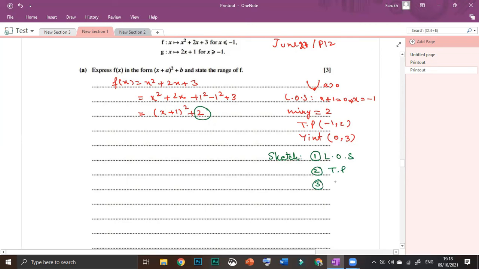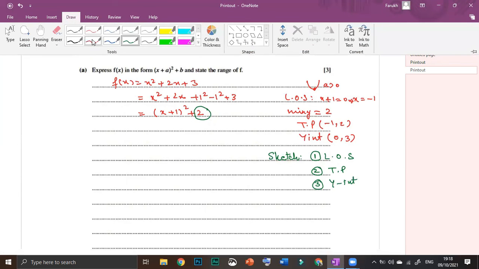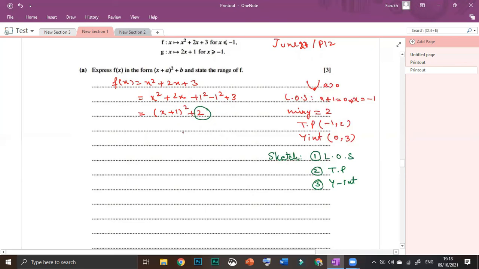Number third, we will draw the y-intercept. The line of symmetry is x is equal to -1. The turning point is -1 and 2. And the y-intercept is 0, 3.